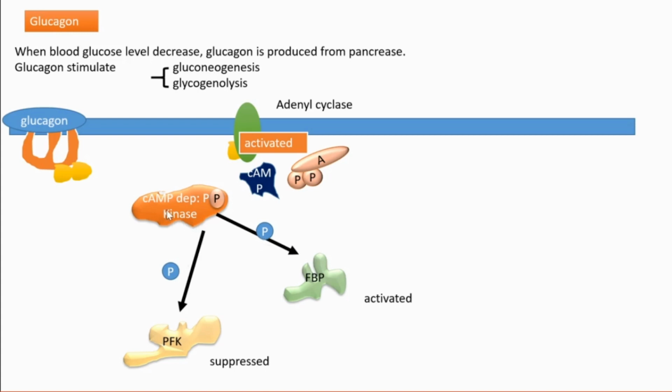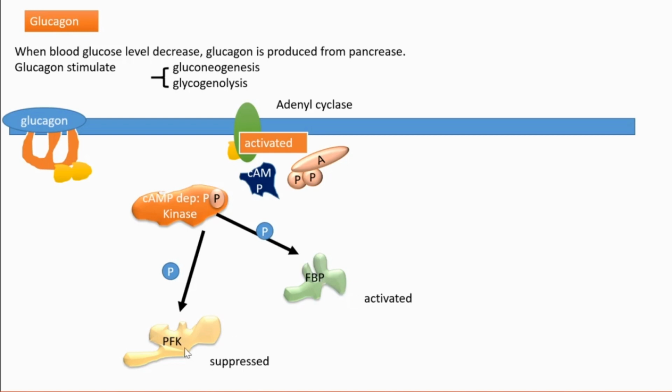So in that way, cAMP dependent protein kinase adds phosphate to one enzyme called fructose bisphosphatase and another enzyme called phosphofructokinase. By adding phosphate to phosphofructokinase, its action gets suppressed. And by adding phosphate to fructose bisphosphatase, it becomes activated.